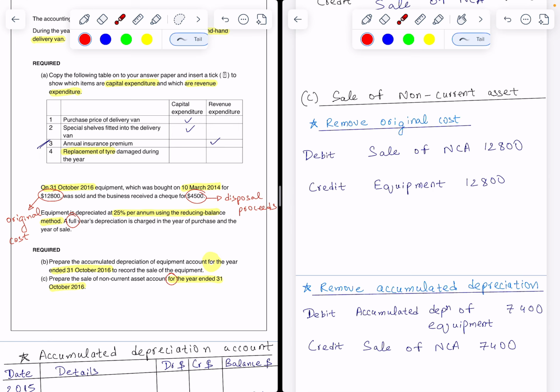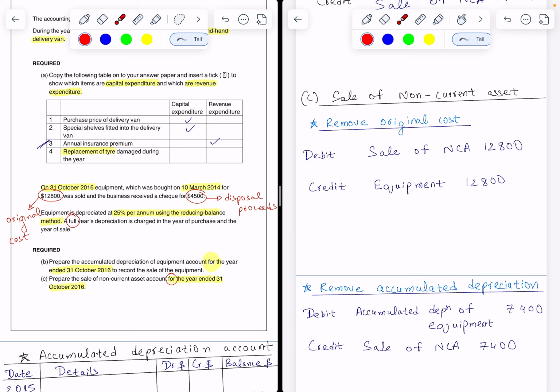So the equipment had an original cost of $12,800, right? As you can see here, I'm placing a tick on the left-hand side. Equipment in itself is an asset account. Now that we have sold it, this asset no longer remains in the books. We know that when assets increase, we debit it.